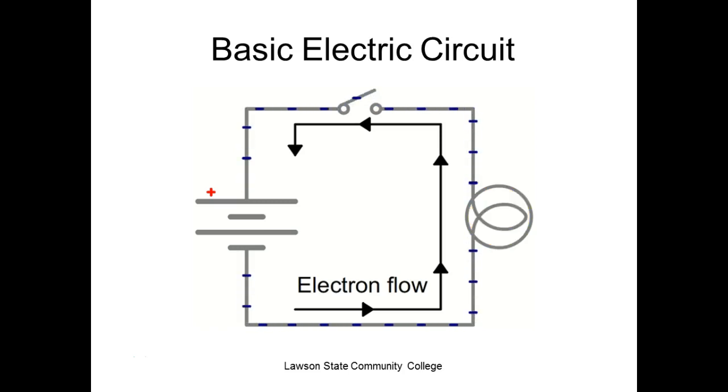Animation. We teach what we call electron flow. Originally, when they came out with electricity, and they decided to name the polarities of a DC source plus and minus, they considered the plus to be the highest potential. So they thought the current flowed from positive to negative.